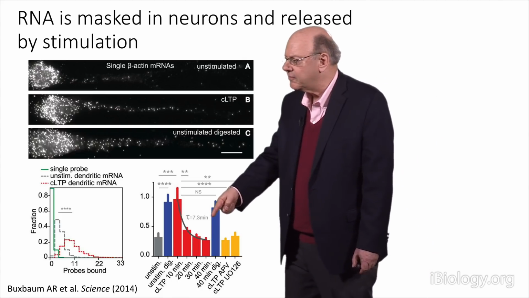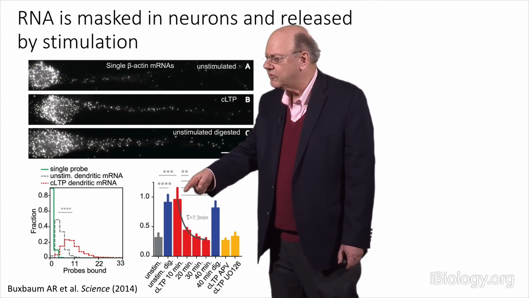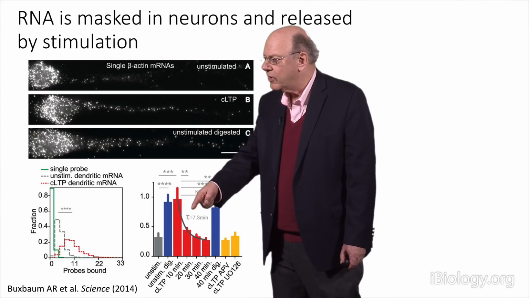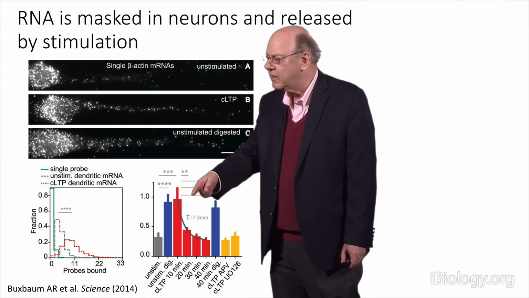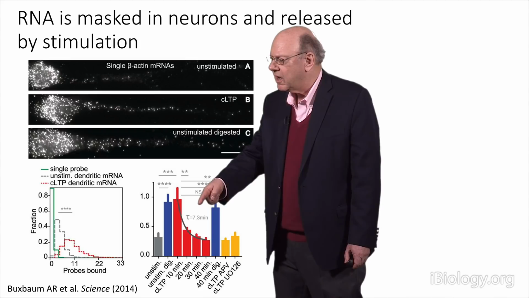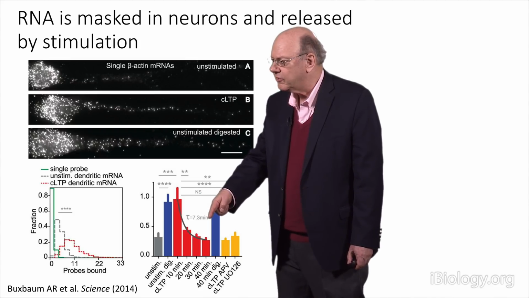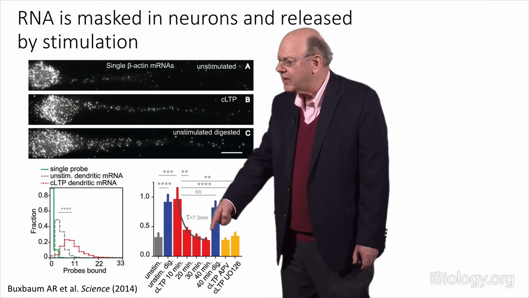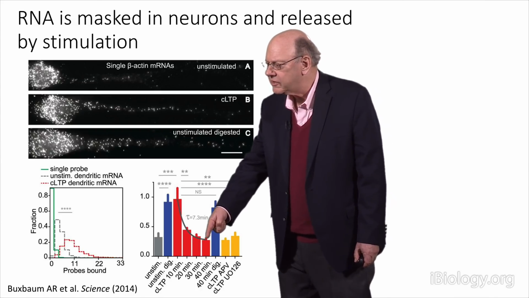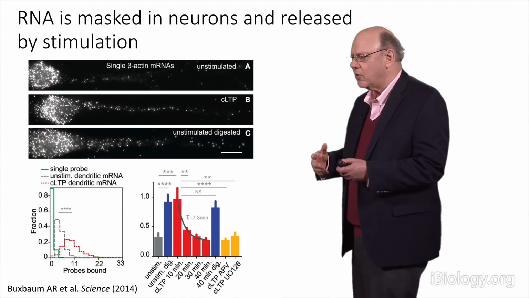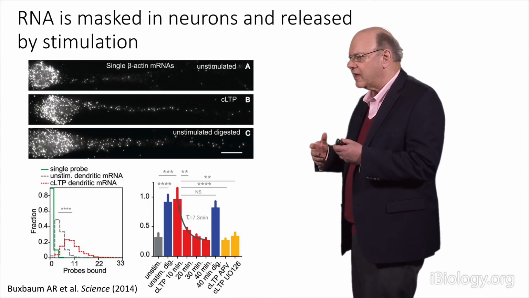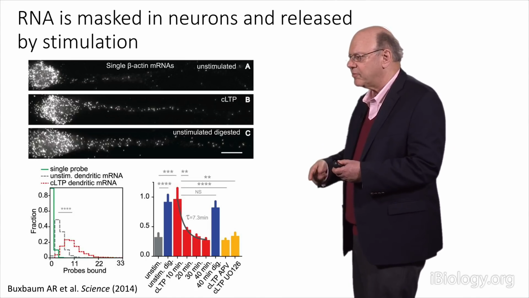And this is a time course, which is very interesting because it shows that you stimulate the neurons and then you wait and then look to see if the RNAs are still detectable. And about half an hour later, they've all gone back to the state, which we call the occult state, where they cannot be accessed by the probe.